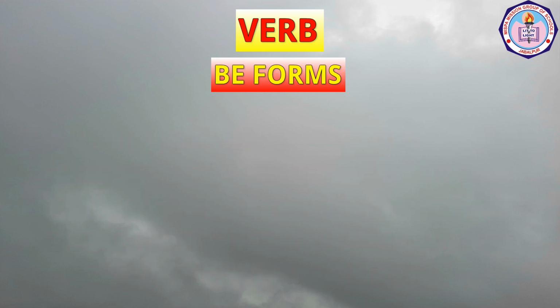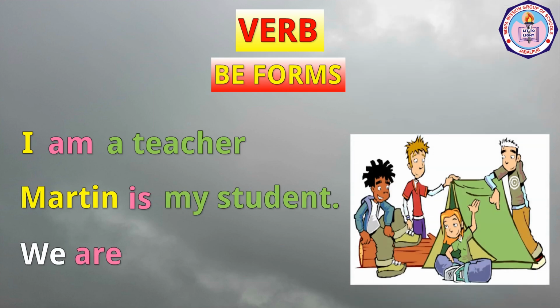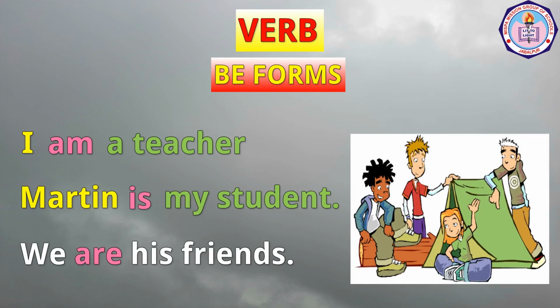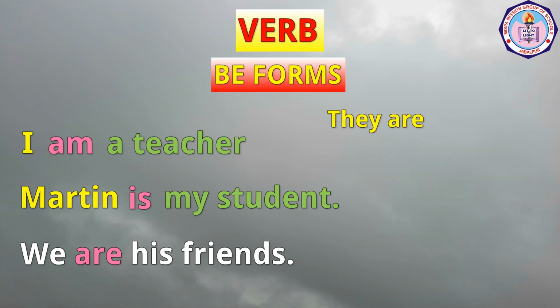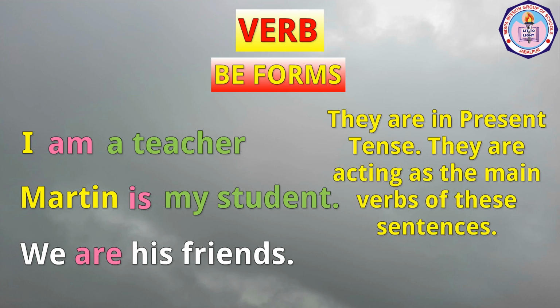Let me explain it with some examples. I am a teacher. Martin is my student. We are his friends. Here, am, is, are the auxiliary verbs acting as the links between subjects and nouns or adjectives. They are in present tense. They are acting as the main verbs of these sentences.